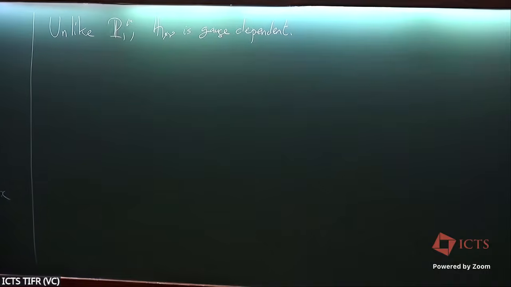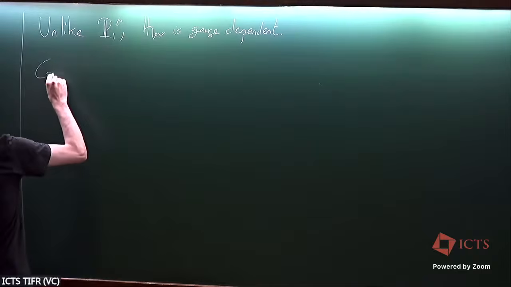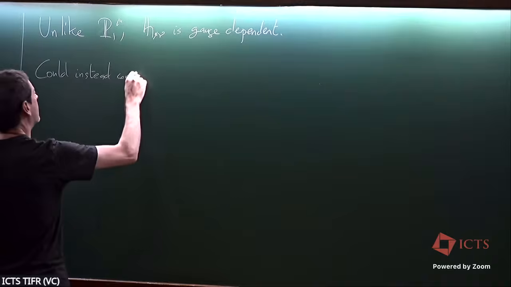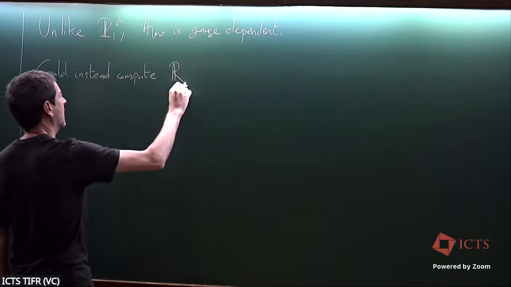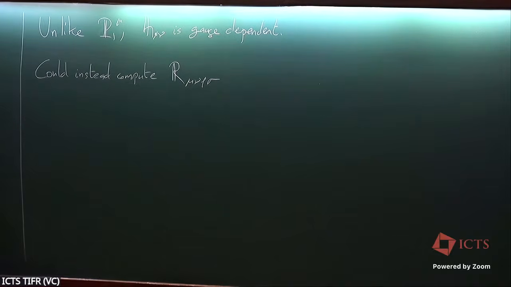We could try to compute something that is more gauge invariant. For example, in linearized theory, the linearized Riemann tensor is invariant under linearized diffeomorphisms. So we could instead compute the linearized Riemann tensor, which I just obtain by acting on this expression for h mu nu with appropriate derivatives. That's a sensible thing to do.